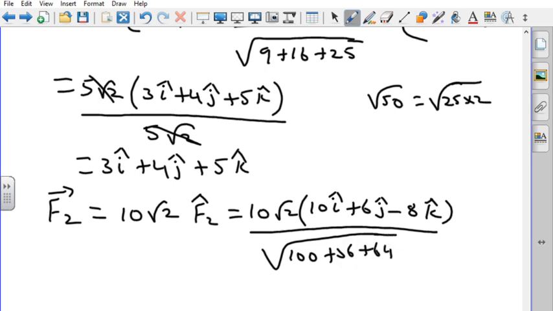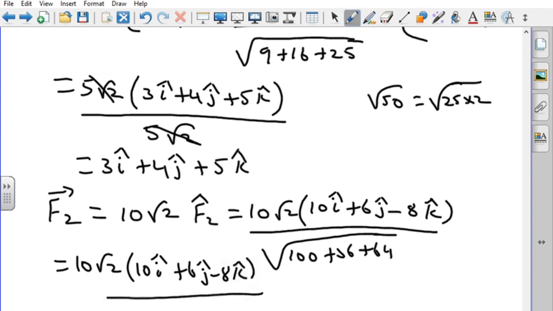So 100 plus 100 is 200, so it is again 10 root 2. So 10 root 2 gets cancelled in both numerator and denominator. So it is equal to 10i cap plus 6j cap minus 8k cap.